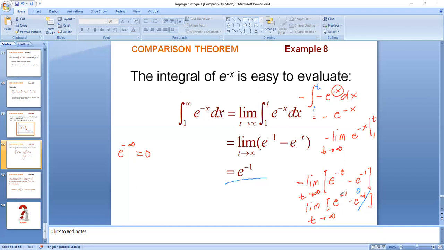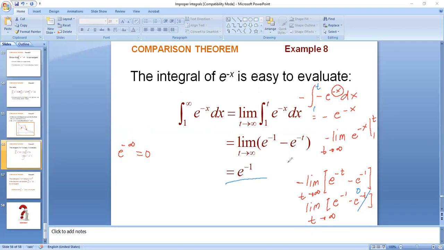You have e raised to minus 1 minus e raised to negative t as t approaches infinity. If t approaches infinity, you will have e raised to negative infinity, which is 0. So that is why you have this answer here. Okay? So that's the reason why you get to see this particular abrupt answer here and just a short line here of the solution for the limit.